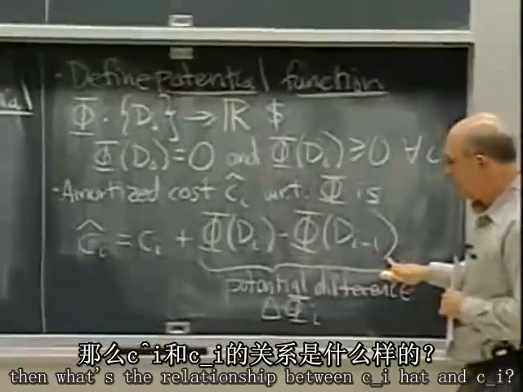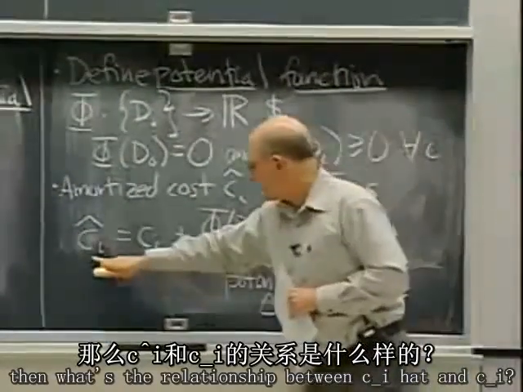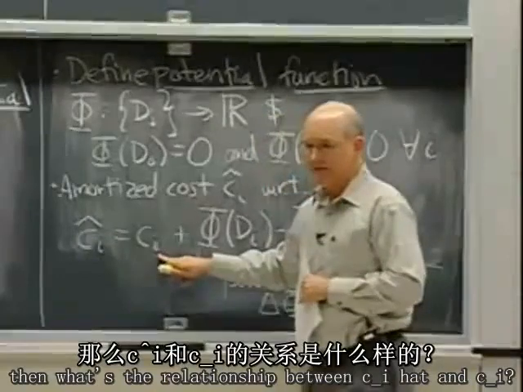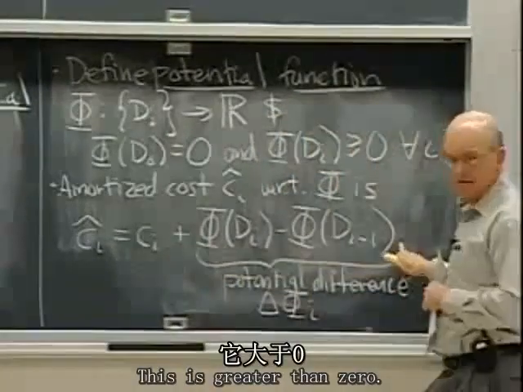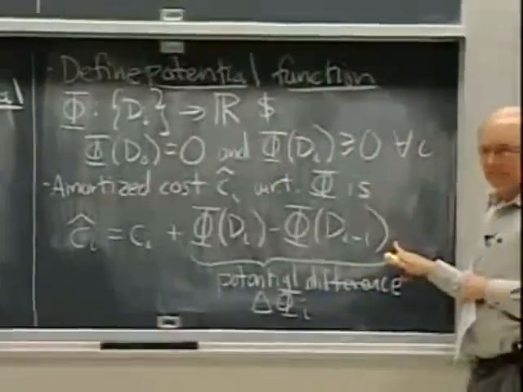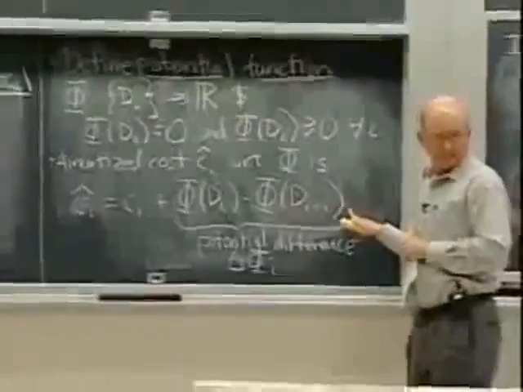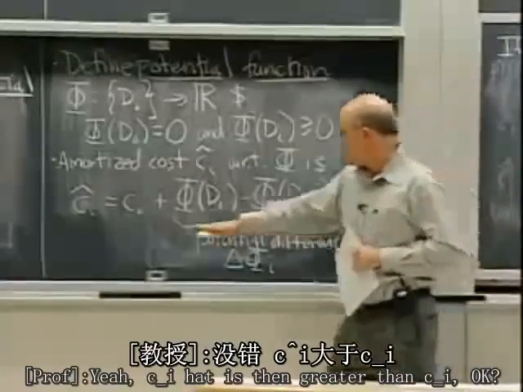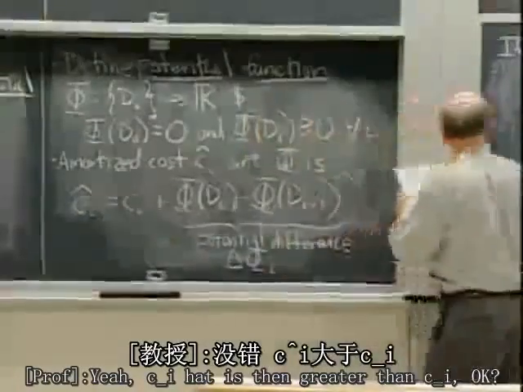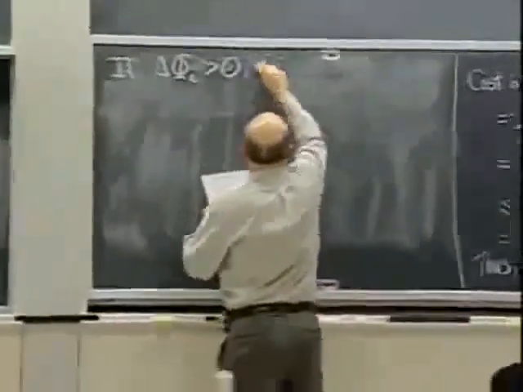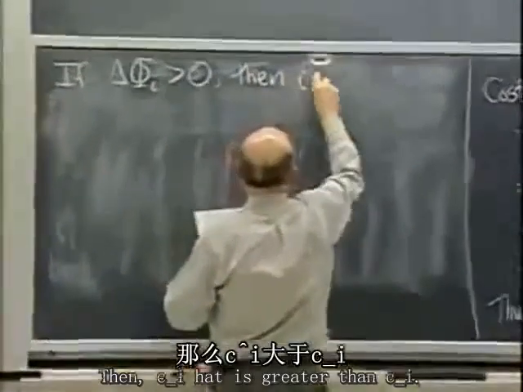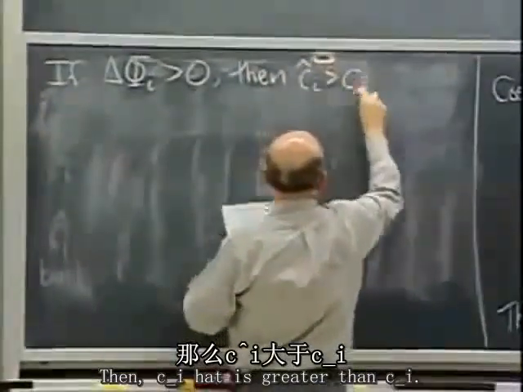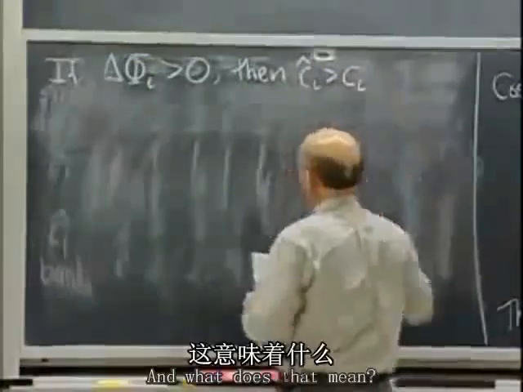then what's the relationship between Ci hat and Ci? This is greater than 0. Yeah, Ci hat is then greater than Ci. And what does that mean?